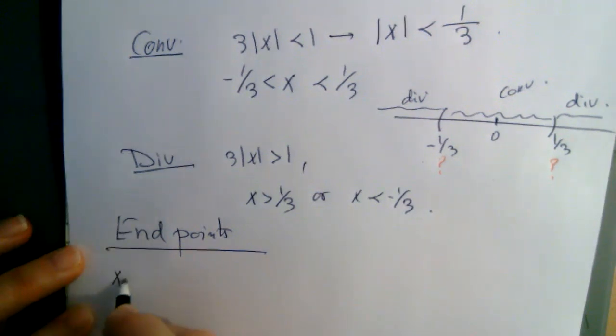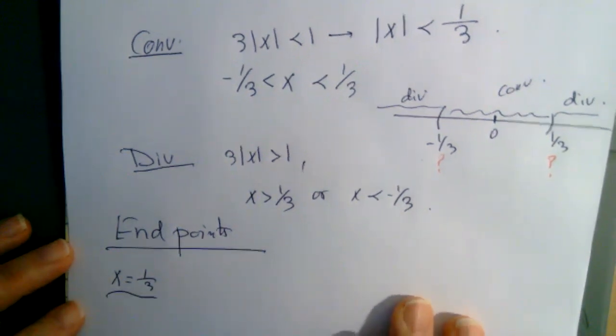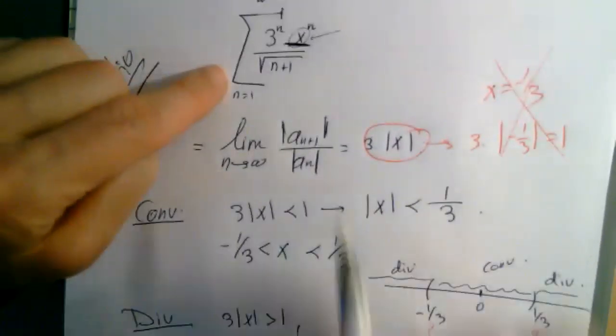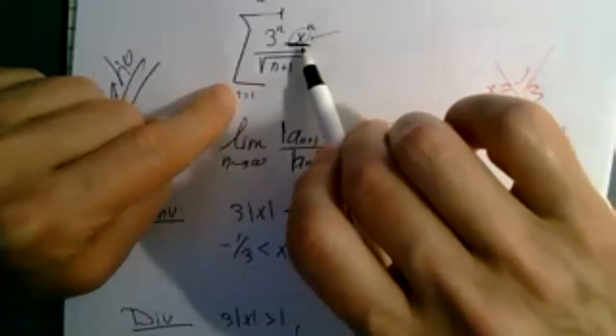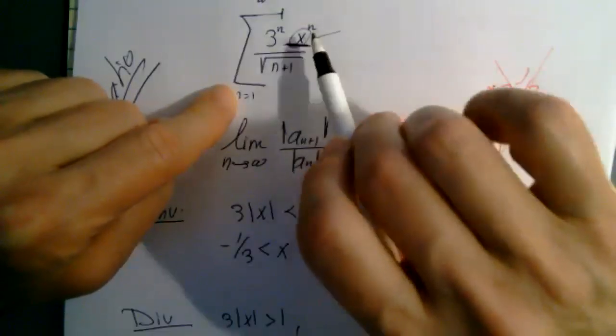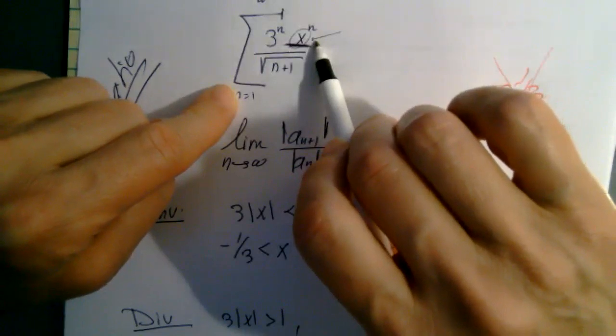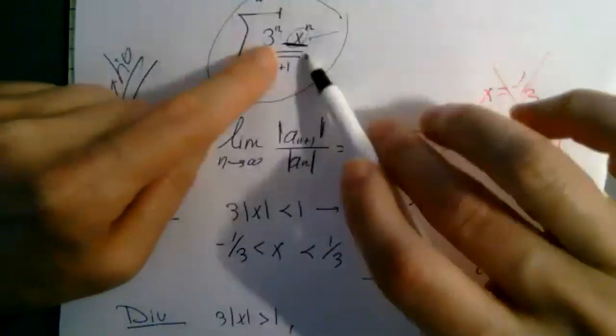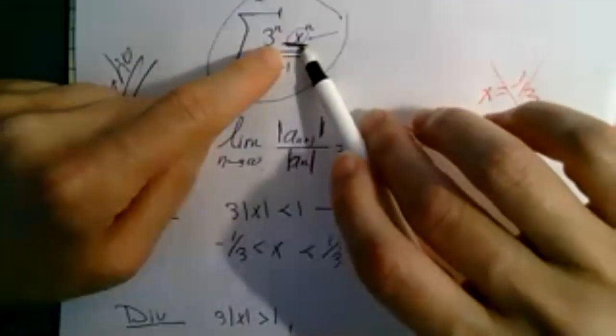So let's start with x equal to a third. How do we know what happens? We're going to take x equal to a third and plug it back for x in the expression of the series itself. So I'm going to plug a third right here and ask myself, what happens if x is a third?